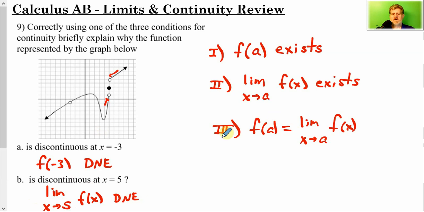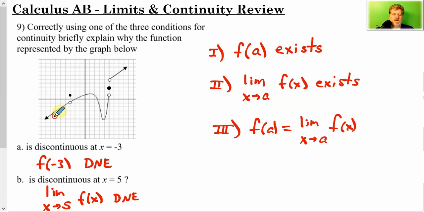Now let me give you an example of this third one, because it looks a little bit weird. So come back to this point here. Let's just say that I put a point here. At -3, does the function exist? Yeah, it exists. F of -3 is 1. Does the limit exist?